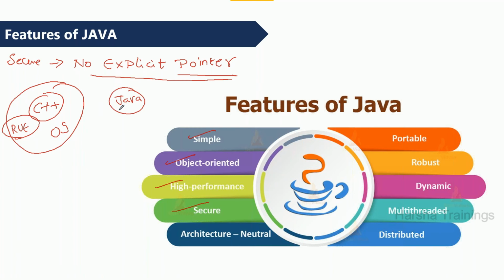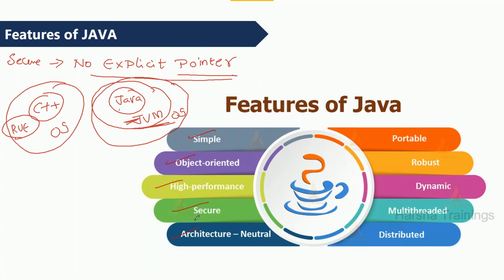The Java application is not executed directly under the OS. It is executed in a virtual machine, called the Java Virtual Machine. So Java runs inside the JVM only, to provide more protection. That is secure.